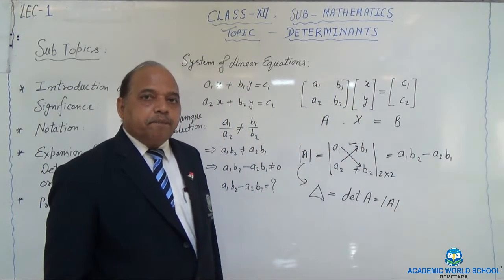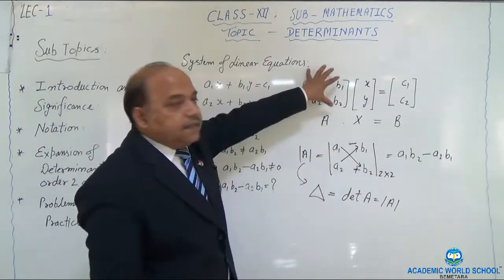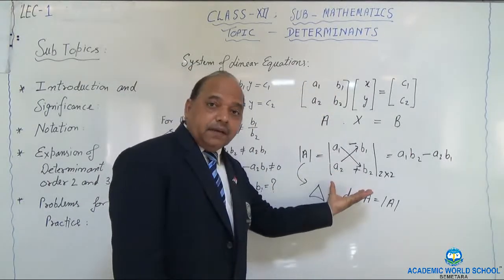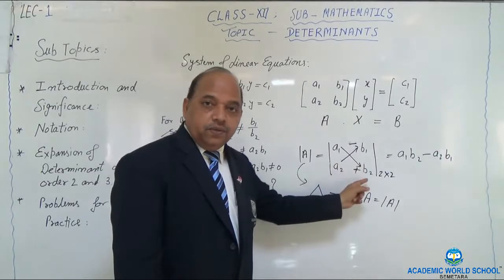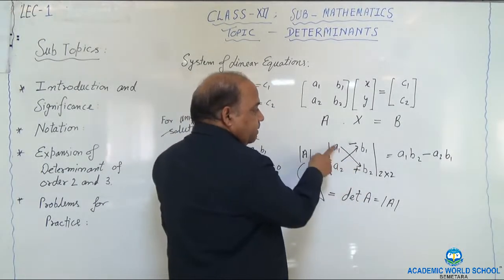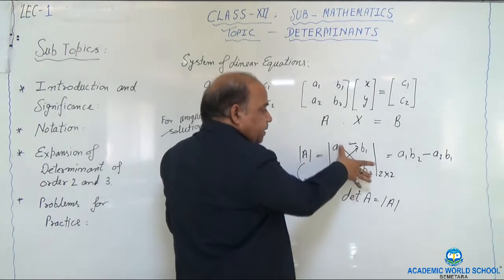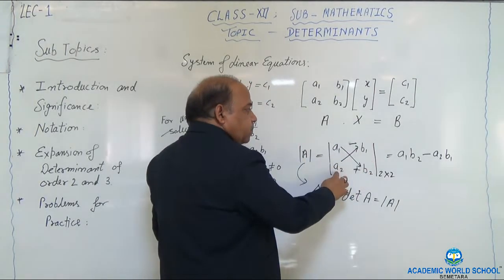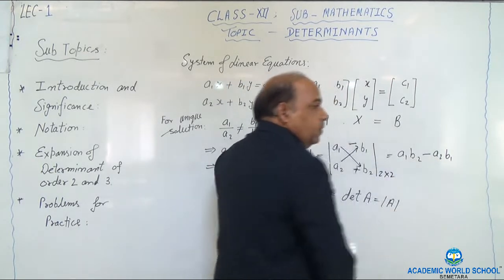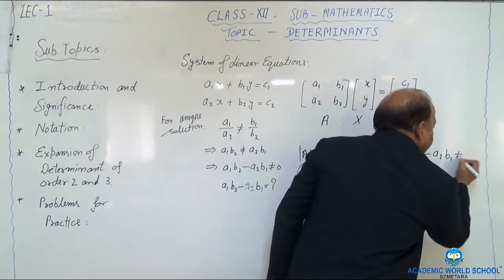So what have I explained? I have explained that if I transform this square matrix into the similar corresponding determinant, you can get that. And if I define the operation A1, B2 with a plus sign, A2, B1 with a minus sign, then we are getting this value, and this should be non-zero.